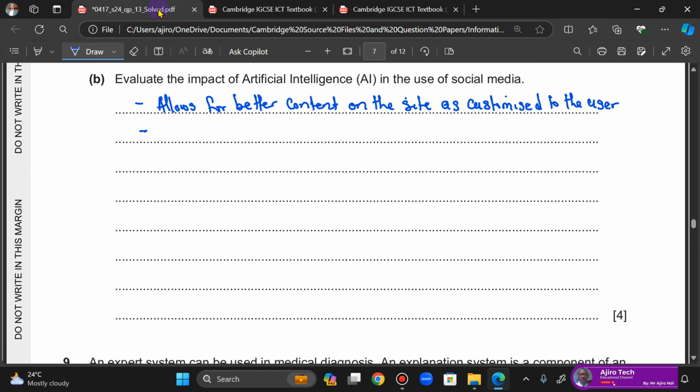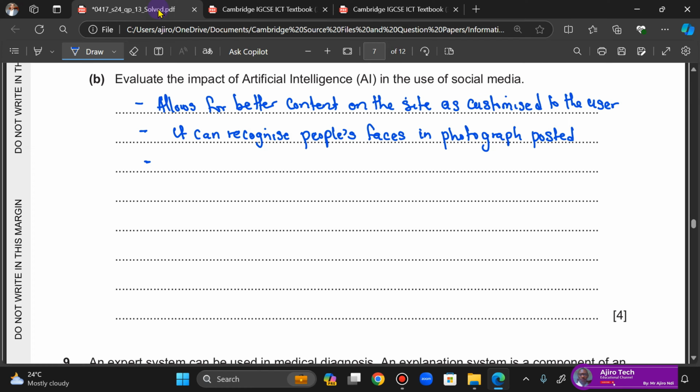Another one, it can recognize people's faces in photographs posted, right?